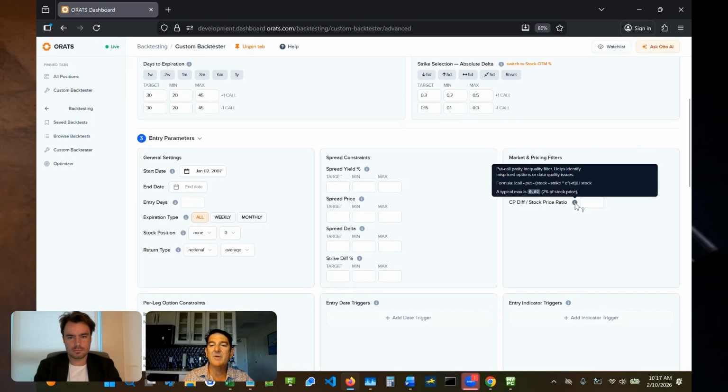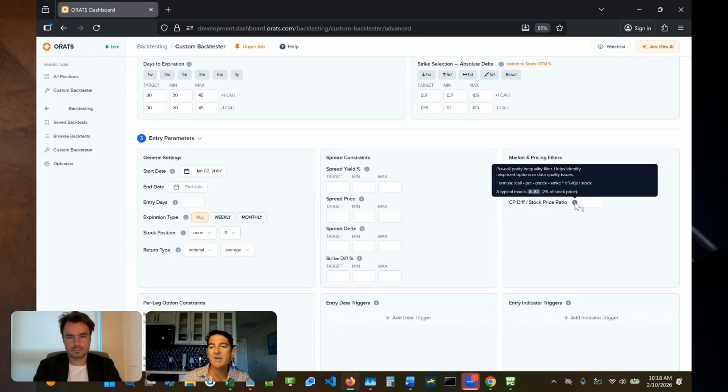CP diff's a little bit different. That's how far off from put call parity it is. It's a little bit more advanced, but I think the best way to tell if an option is priced well is to look at the put call parity and look how far off it is from what is estimated.